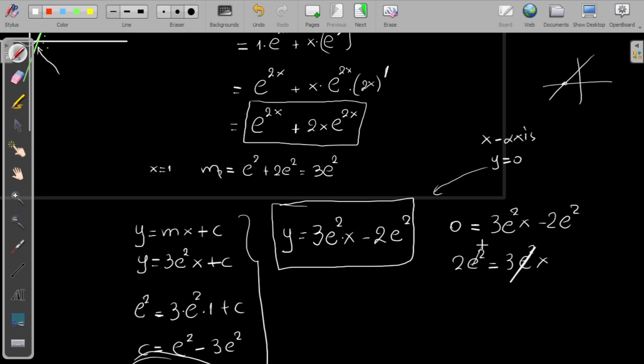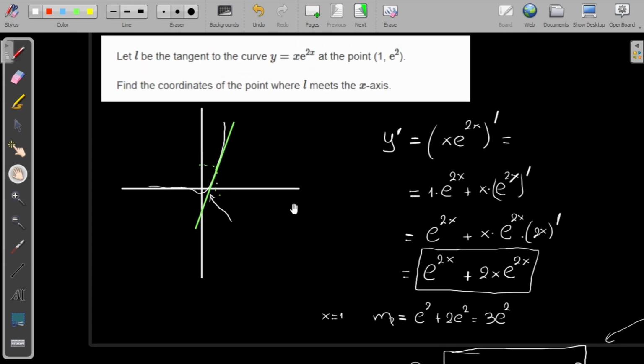So from here I have that x is 2 over 3. So the point where the line meets the x-axis is (2/3, 0). Very interesting exercise.